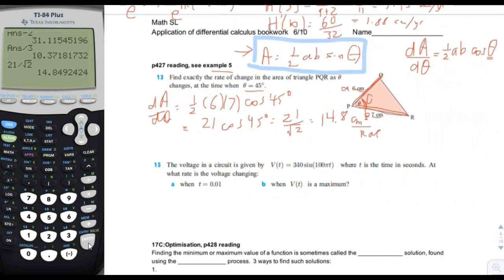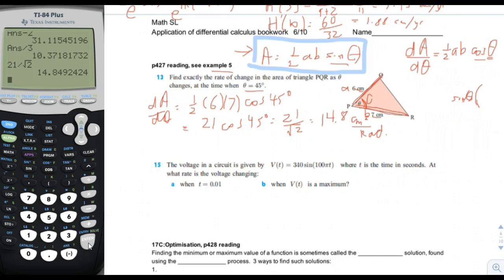Okay. Now, if we wanted to do degrees, then we would need to convert from degrees to radians, because you know how the derivative of sine is cosine?